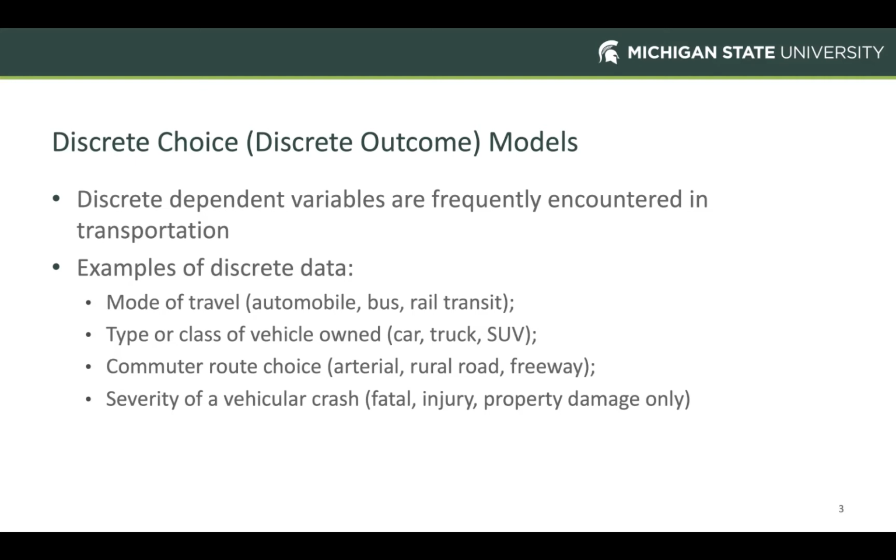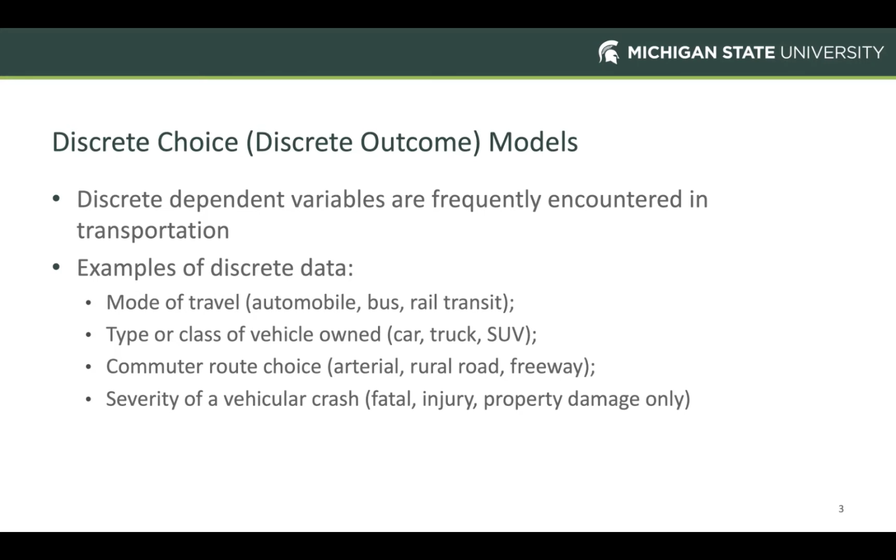And then we also have other types of data that are similarly nominal in nature. So if we look at the severity that results from a vehicle crash, well, there's an inherent ordering structure there. We can think about those as a series of discrete categories, and then we can develop discrete choice or discrete outcome models to help us distinguish what factors separate these decisions, or what factors would dictate the choice or an outcome that would result from these given choice situations.